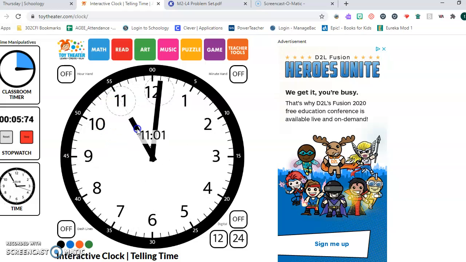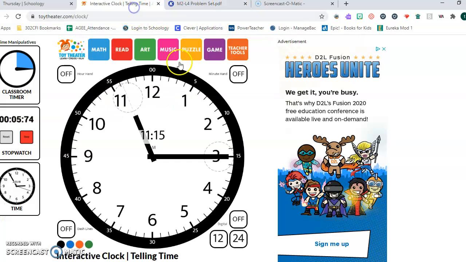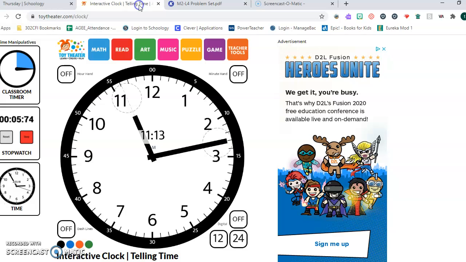11:13 just to show. What time does she start? 11:13. And I'm going up 45 minutes. So I'm going to go up 40 and then 5.